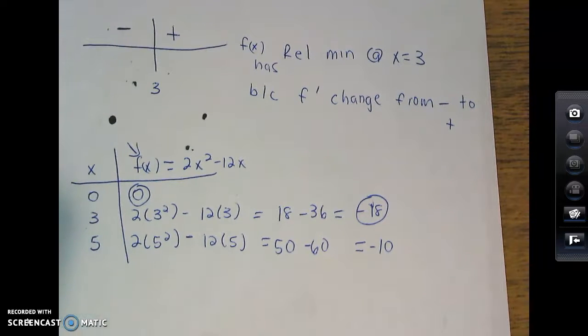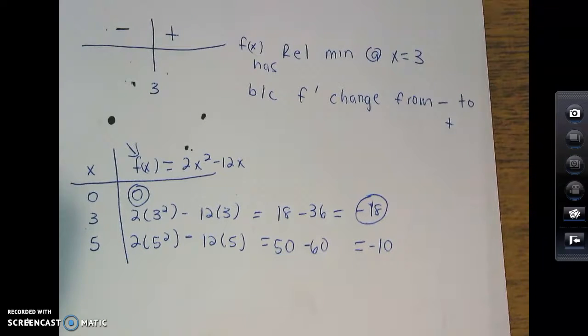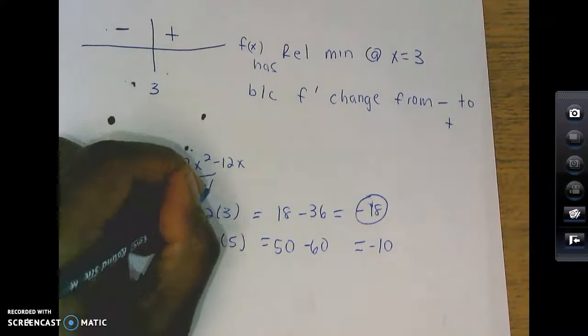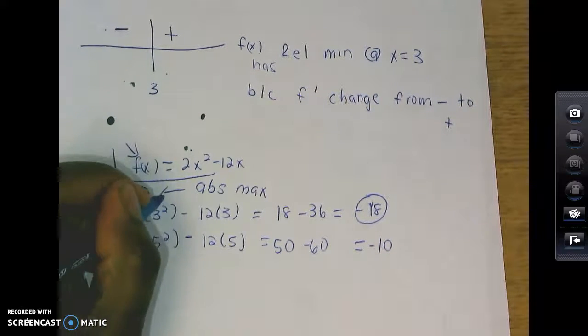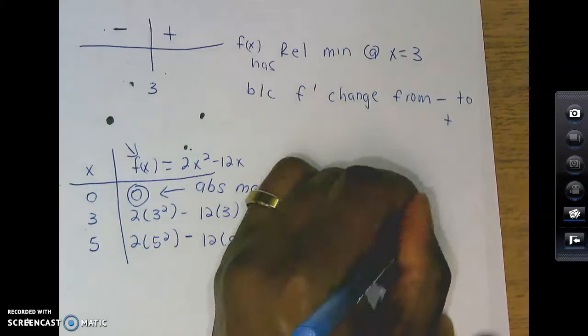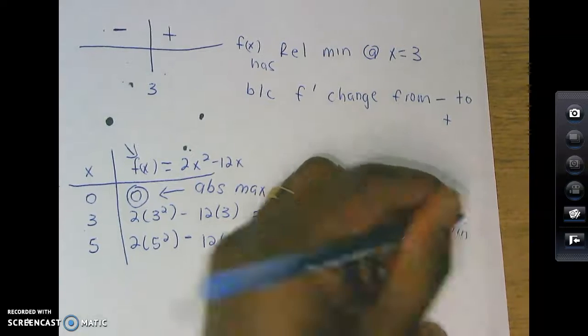So let's just write it on this side. This is my absolute max. And then this is going to be my absolute min.